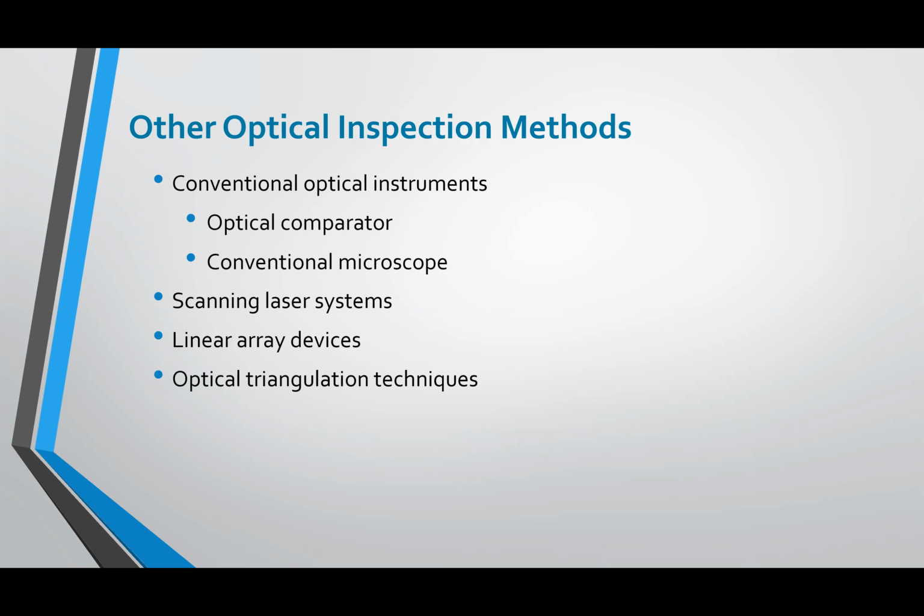Then other optical inspection methods would include things like an optical comparator, which would be analyzing a part compared to a known standard, a microscope that just allows you to look at specific very fine detailed tasks. So for example, you might use that for some of the welds to ensure the welds are correct. Laser systems, linear arrays, or optical triangulation, which can be used for location of items.